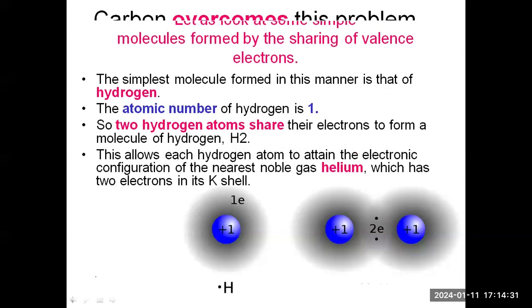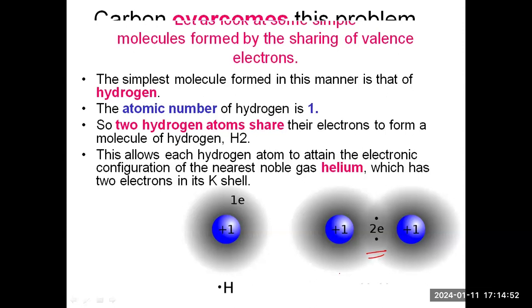Helium is another element which we know is a noble gas. It is stable because it has 2 electrons in its shell. So hydrogen tries to become like helium, and in doing that, it shares the 2 electrons. So hydrogen attains the noble gas configuration of helium.